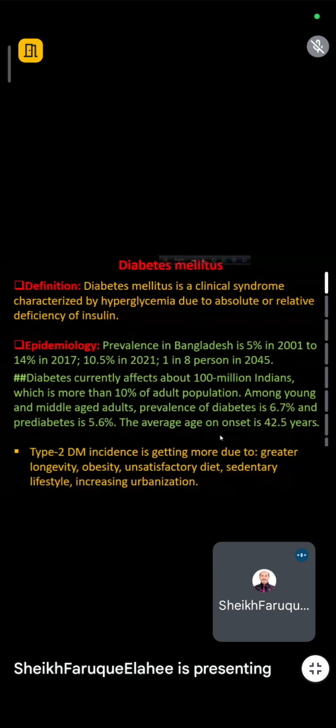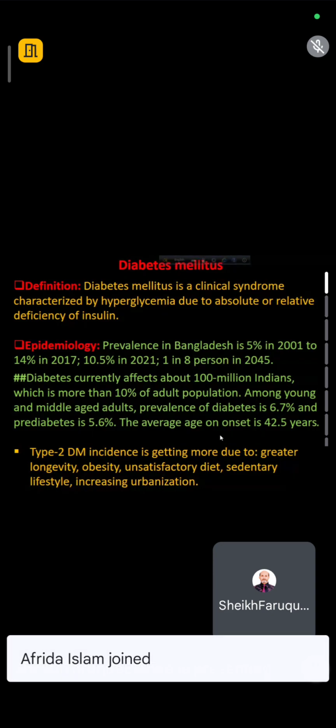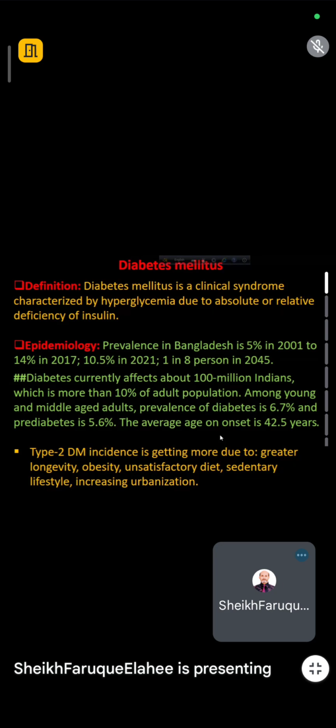I had a study. But in the last few years, maybe 10 years, the longevity has increased to 74 years. It means people are alive for longer now. Because they are alive for a longer time, diabetes also increases in number.